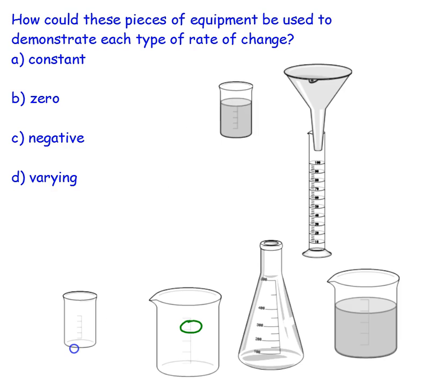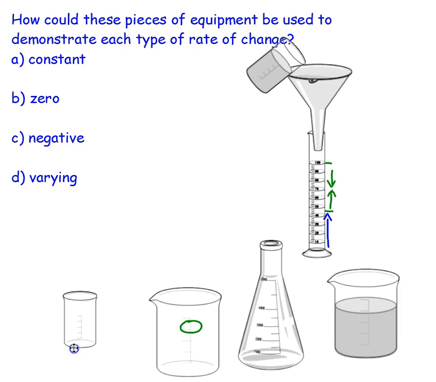So if we were to take a little beaker and pour the contents of a little beaker into the funnel, then as the water level rises, the volume increases, but the amount that remains is going to certainly be shrinking at any given time. Okay, so that would be negative rate of change.